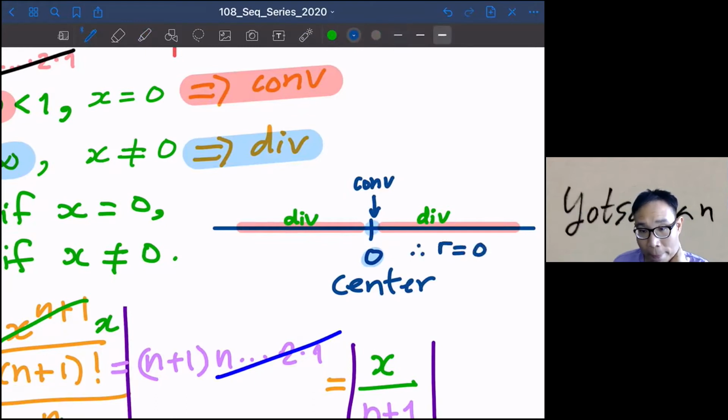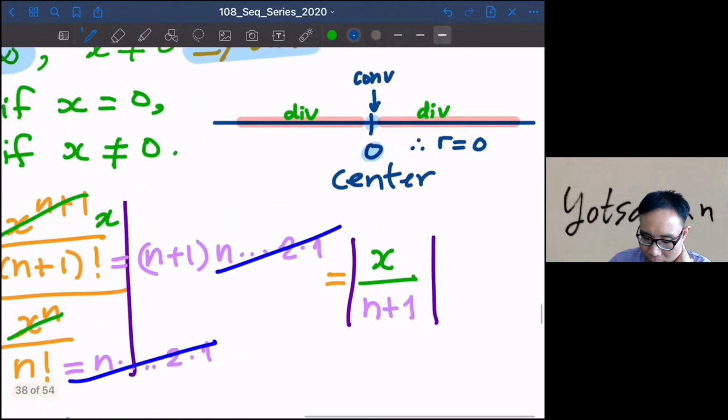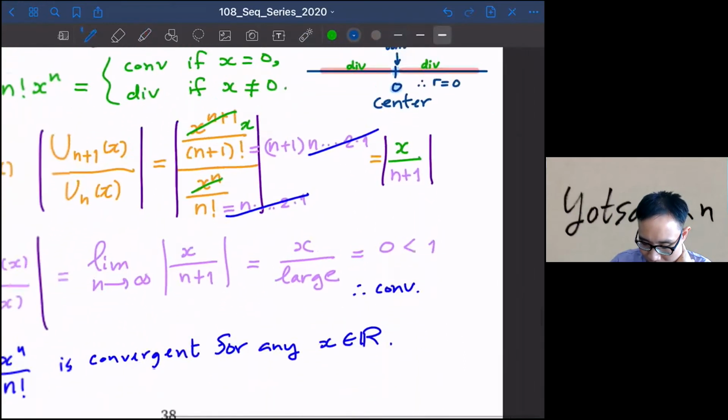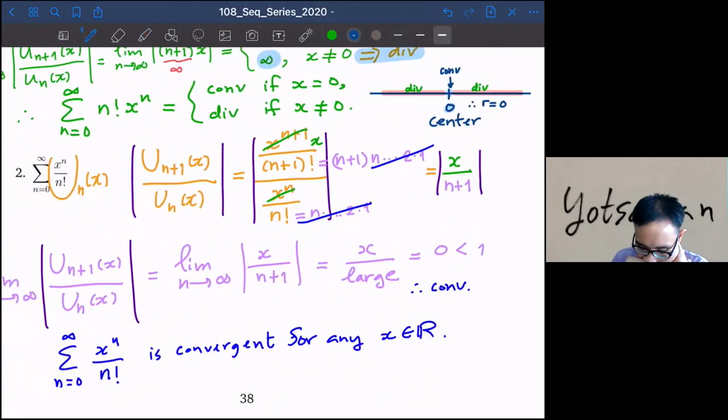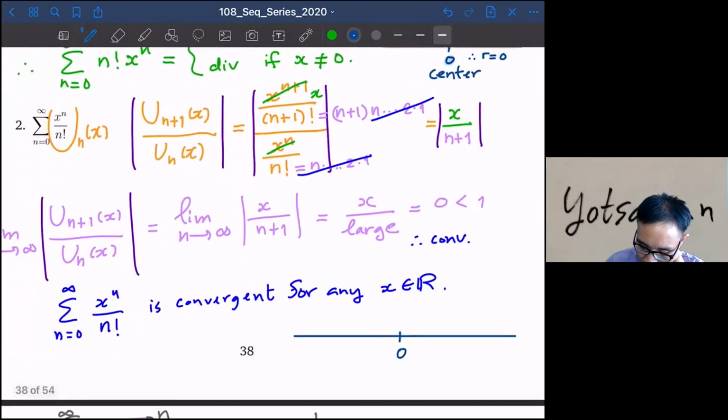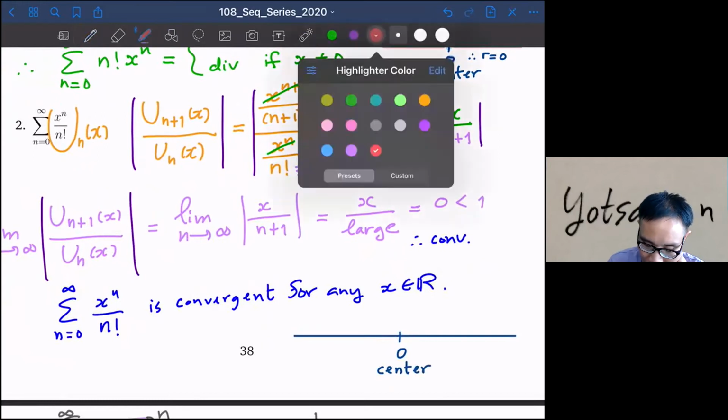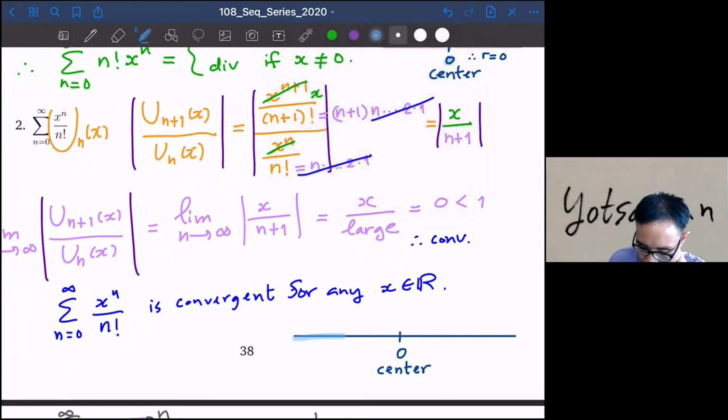We're going to have another one, which is this case. This guy turns out to be convergent for any real number, and the center turns out to be at x equal to 0 as well. So it's 0 in the middle, and you have the center. For this one, it's very nice: it turns out to be convergence all the time.